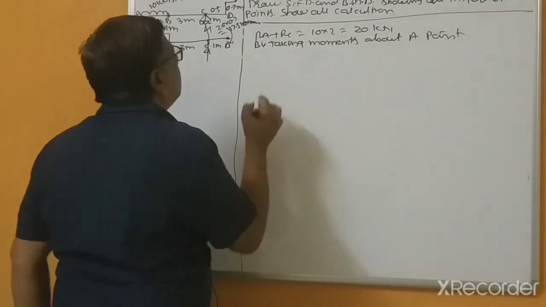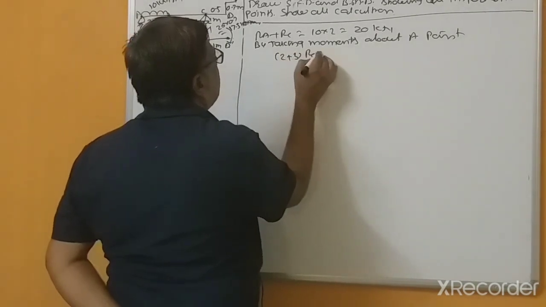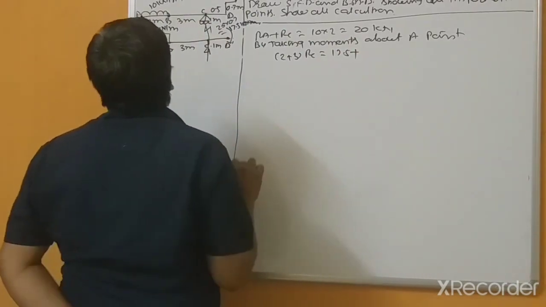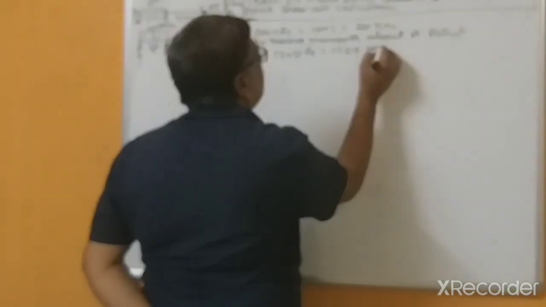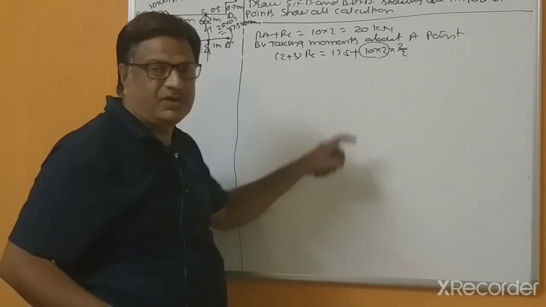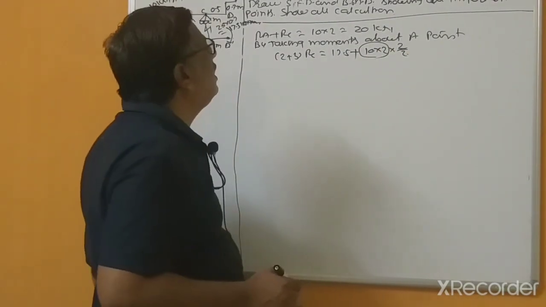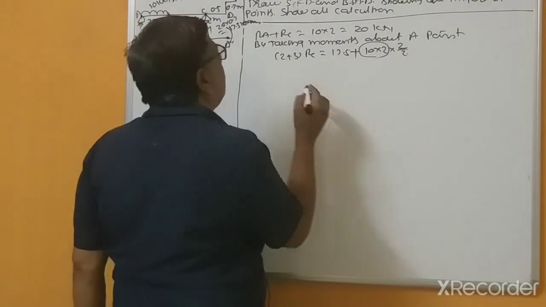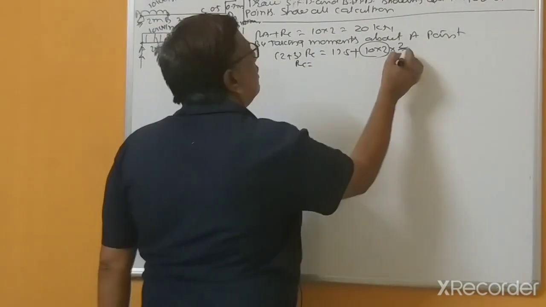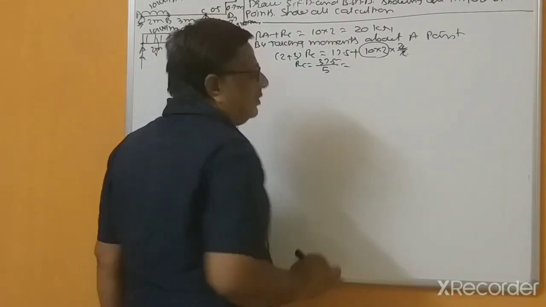So (2 plus 3) into RC equals 17.5 plus 10 kilonewton multiplied by 2 and half of its distance. The force divided by distance, its center of gravity is located at half, so divided by 2. So RC equals 37.5 divided by 5.